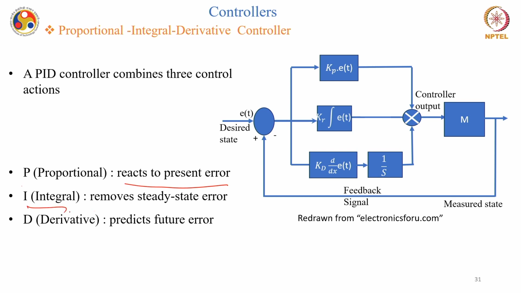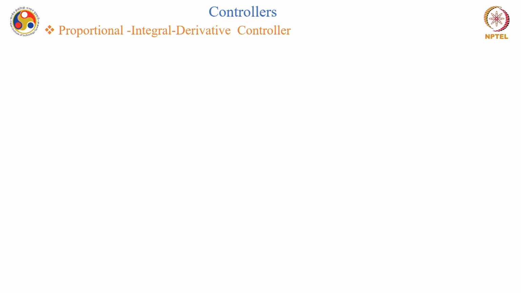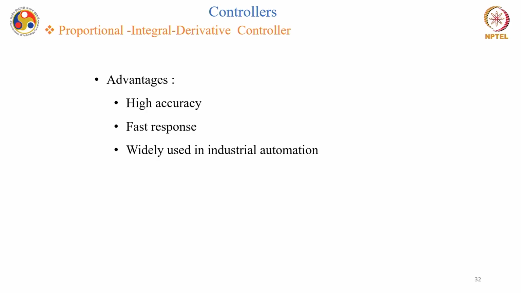The integral removes any steady state error, while the derivative predicts the future error, as it is an anticipatory action. By this you can have even better control.